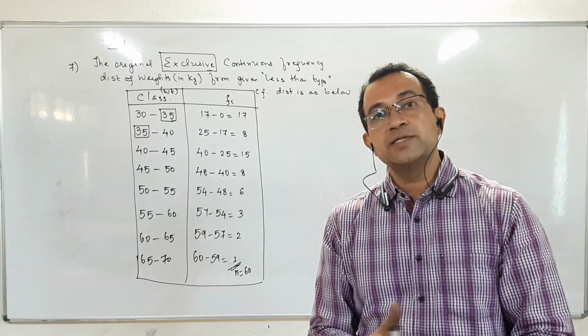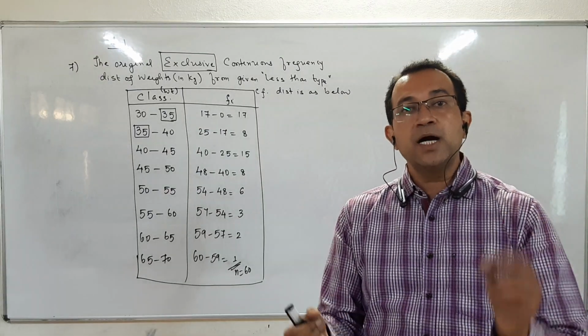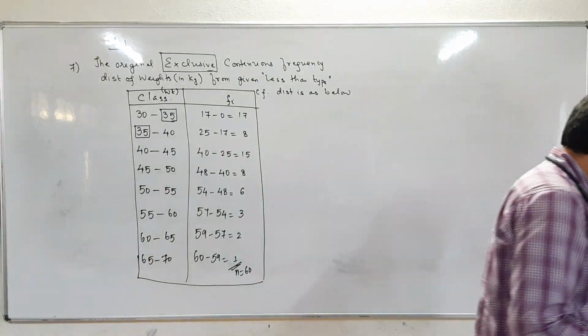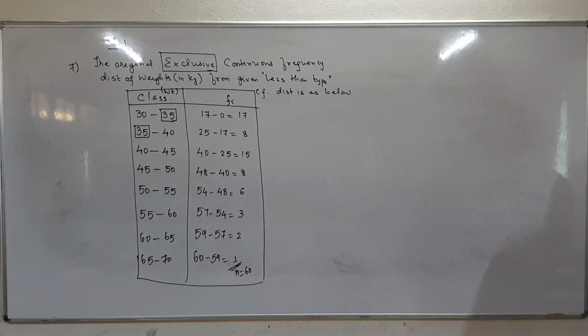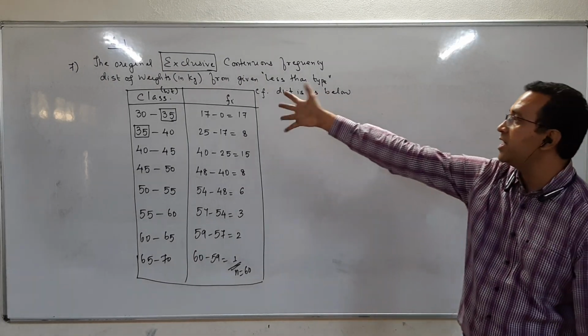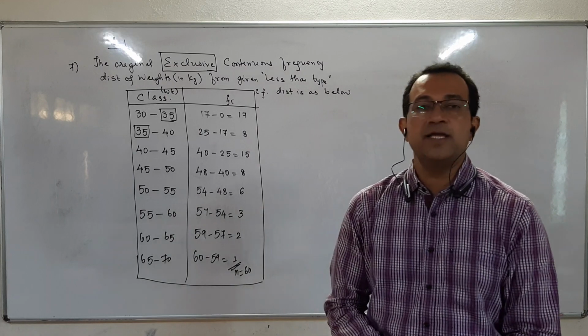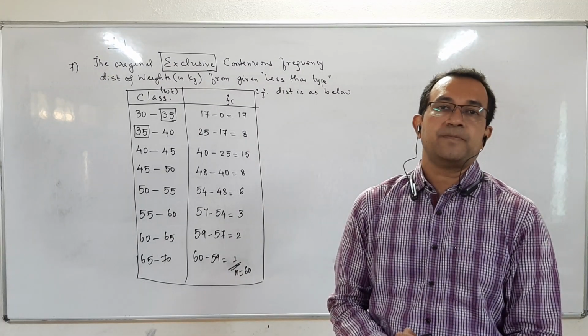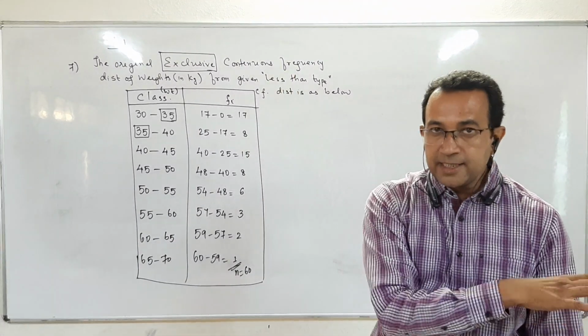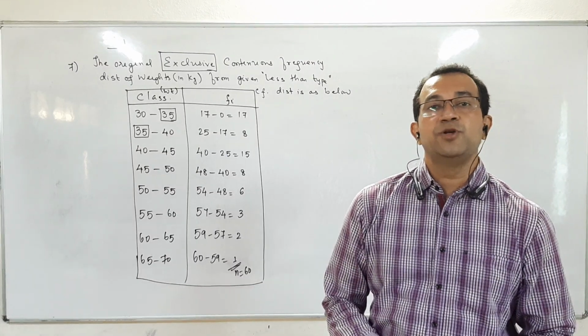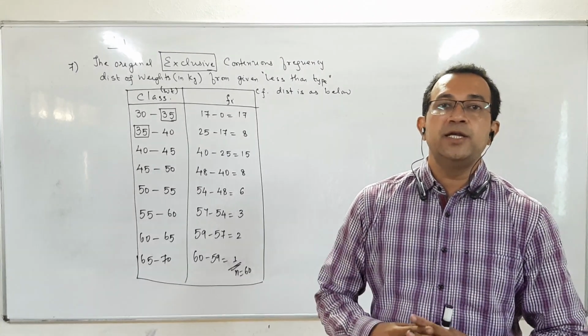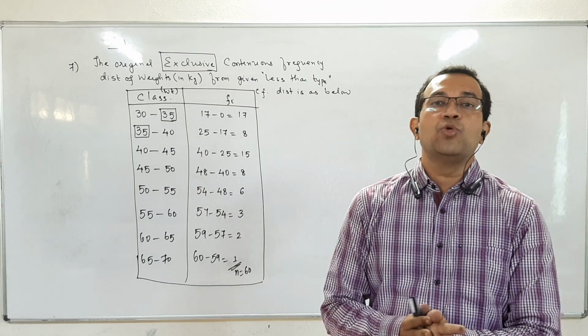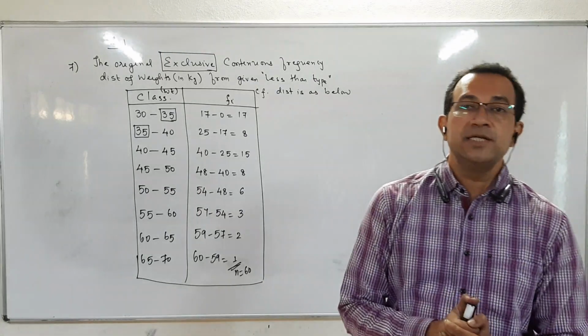Weights of what is not specified, but in the question they have given that the "less than" is in terms of weight. So the classes are weights, which we have already written. So from the less than cumulative frequency distribution, students, we have tried to obtain an original frequency distribution.